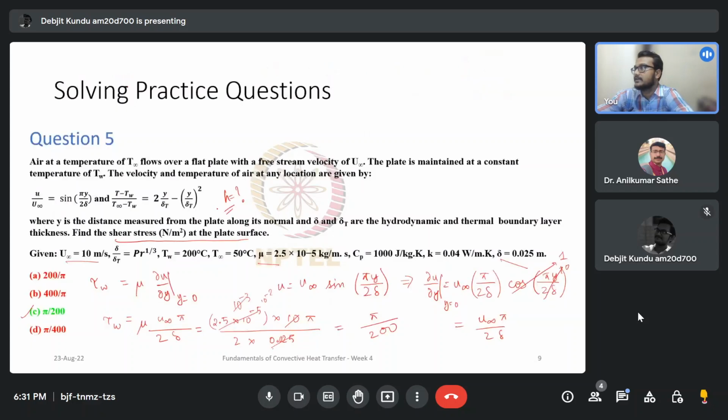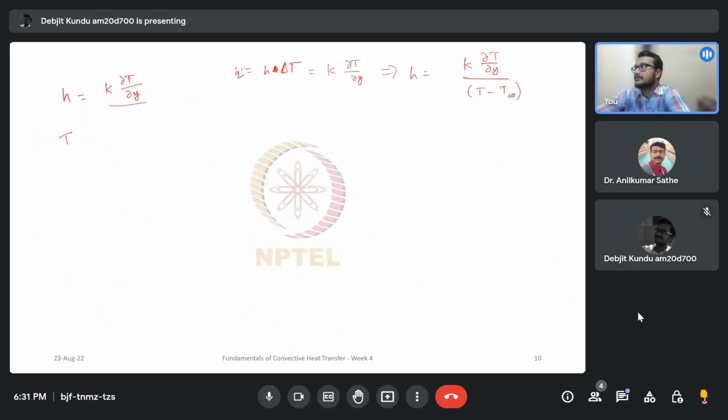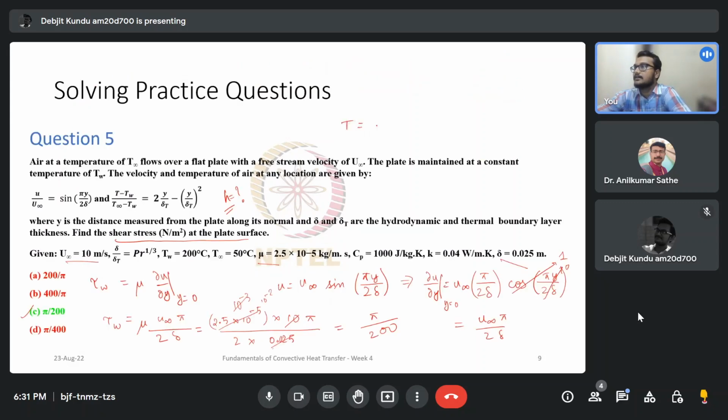So T can be written as Tw plus (T infinity minus Tw) into (2y/δT minus (y/δT) whole square). If we take a differential of this, ∂T/∂y, the first term goes to 0 since this is a constant with respect to y.